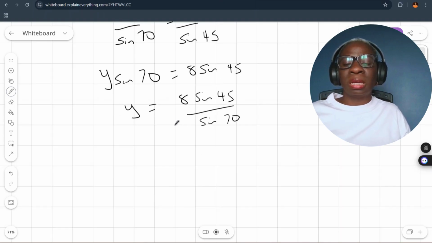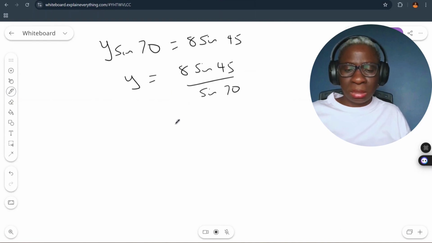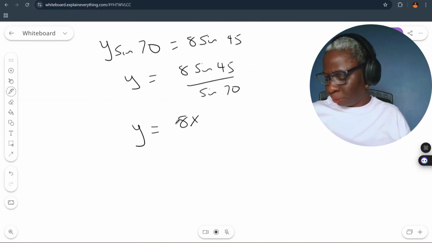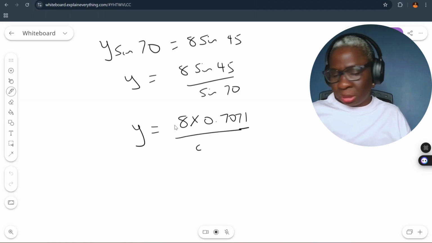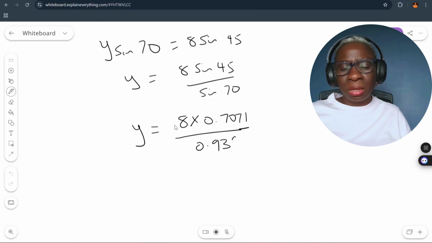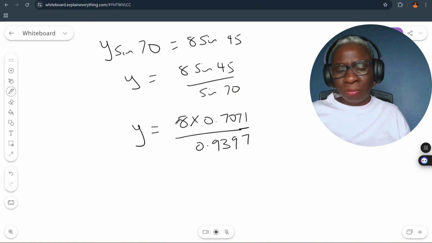So what is sine 45 and what is sine 70? So y will be equal to 8 times 0.7071 over sine 70, which is 0.9397.